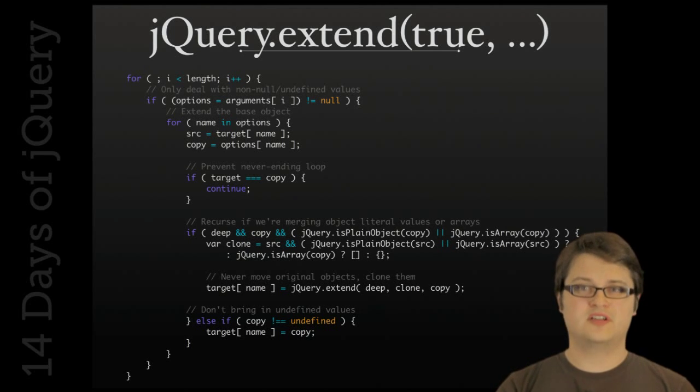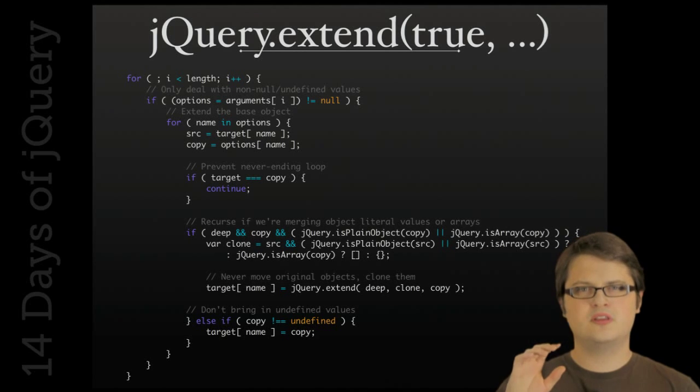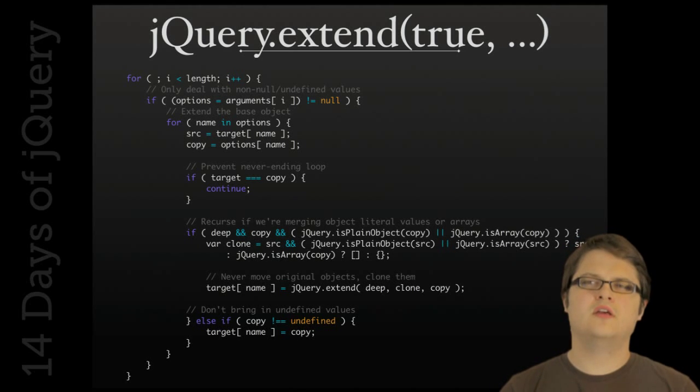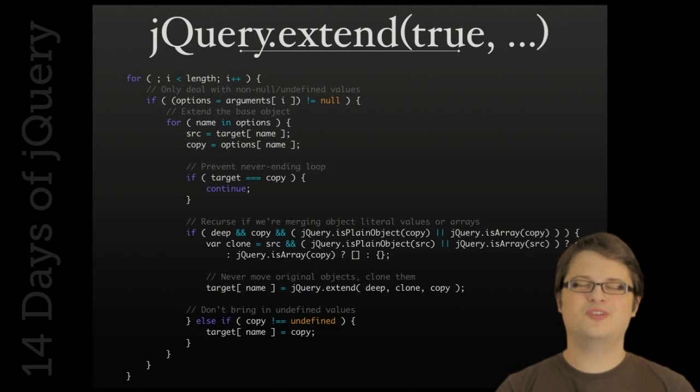Now, what that means is that when we were doing the deep extending previously in jQuery 1.3.2 and earlier, we were hitting problems when the extend method would try to extend objects like DOM elements and window objects, which doesn't really work, and it starts to traverse way too deep and gets really confused.